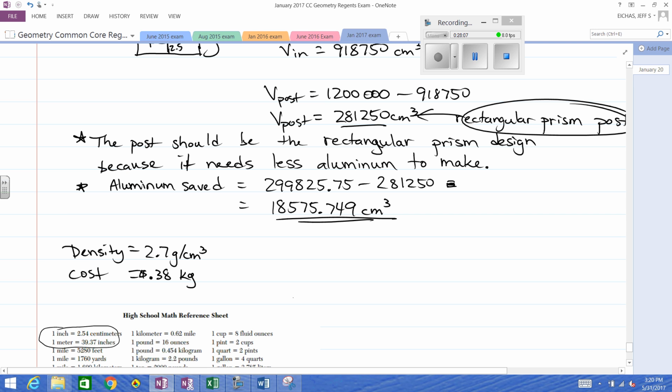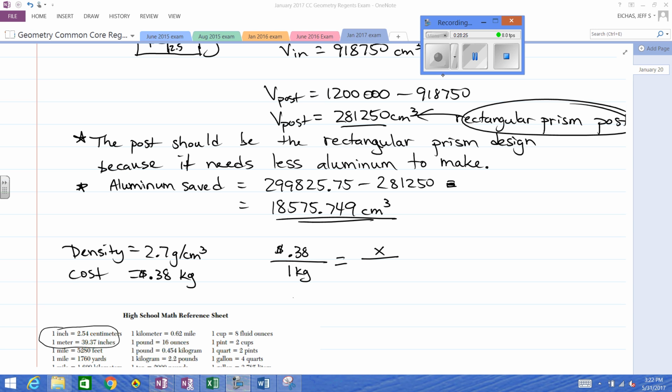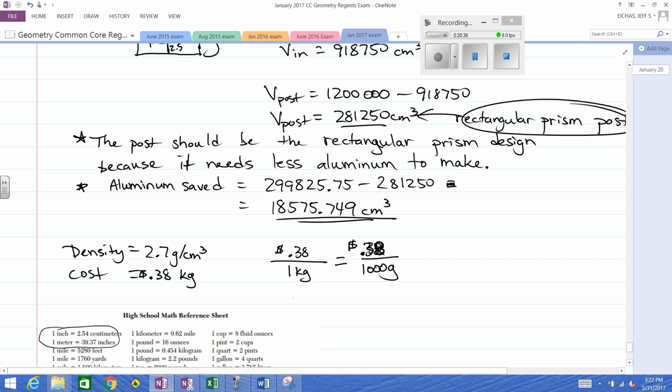Basically, this is the cost for every 1 kilogram. I want to know what the cost is. Let's stick with 38 cents, but that's for 1,000 grams. So we can convert this cost, I should say, right to there.